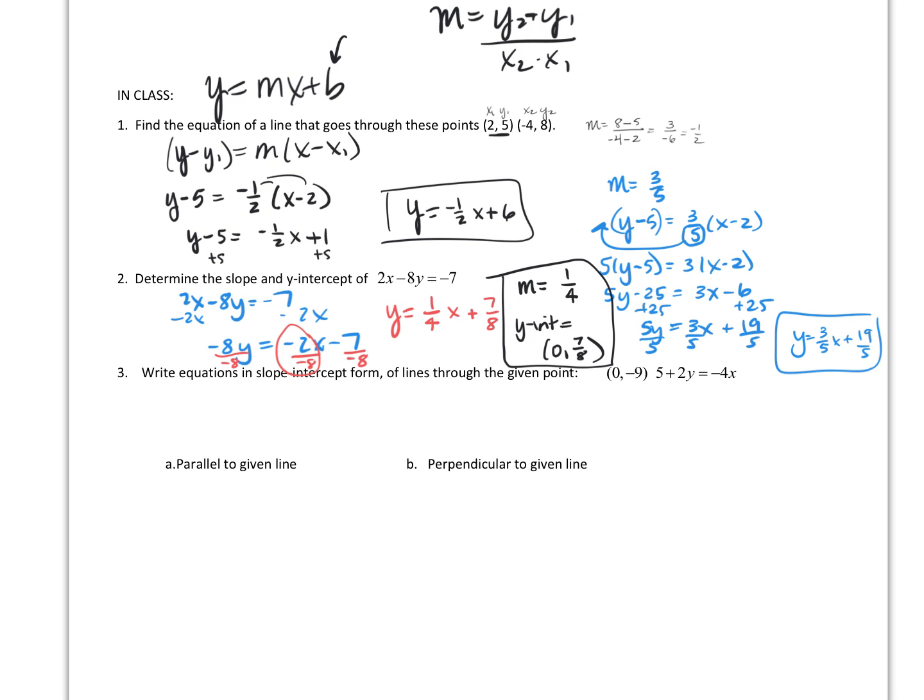Parallel and perpendicular lines. Write the equations in slope-intercept form of lines through the given point. All right, so we've got to review this. If lines are parallel, what do we know about their slopes? Slopes are the same.